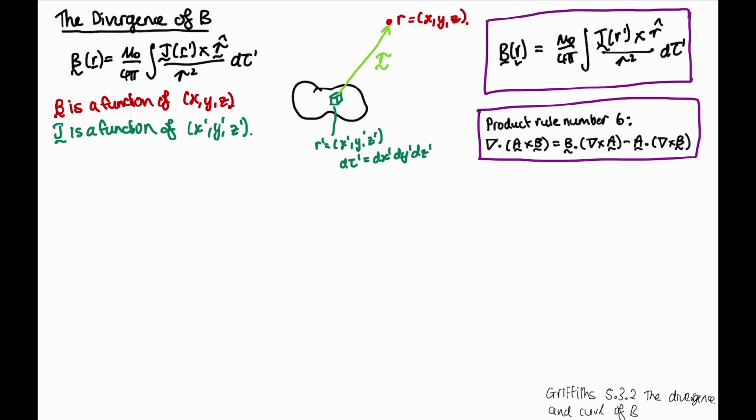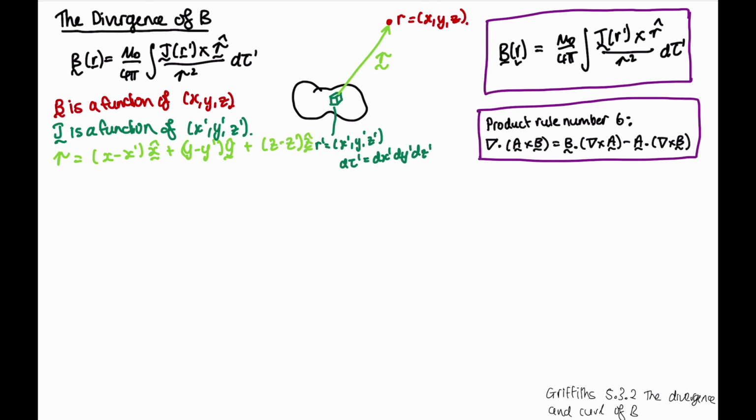Curly R we can write as equal to x minus x prime in the x direction plus y minus y prime in the y direction plus z minus z prime in the z direction.